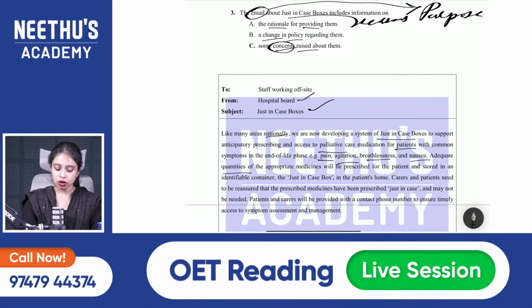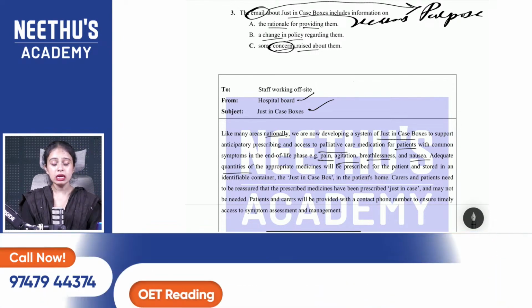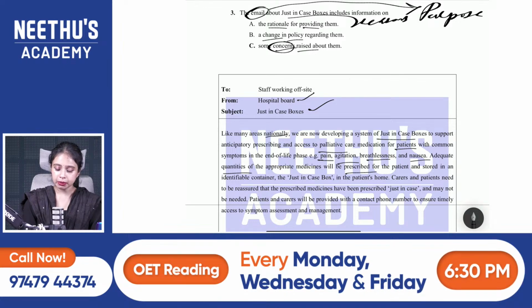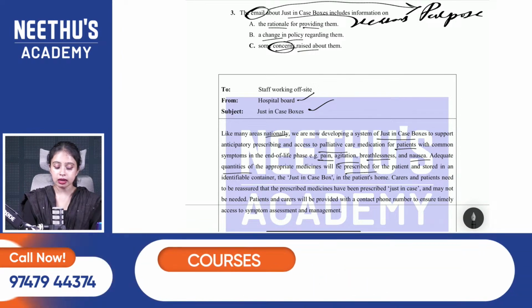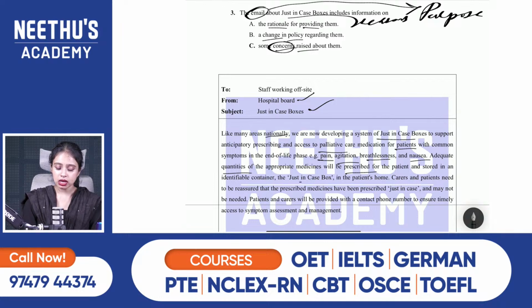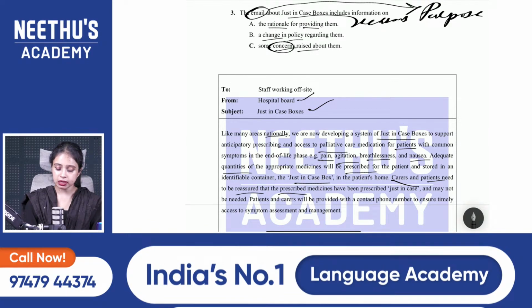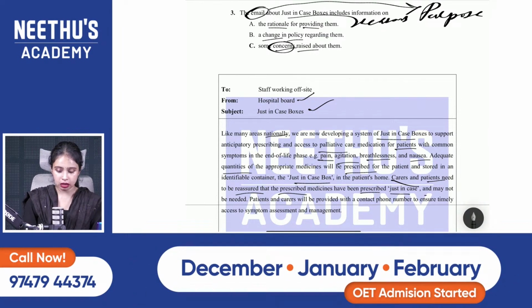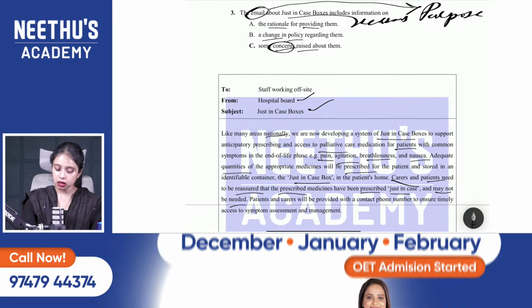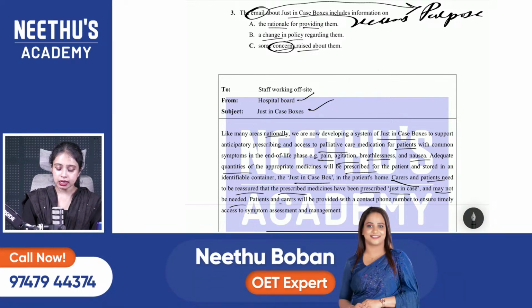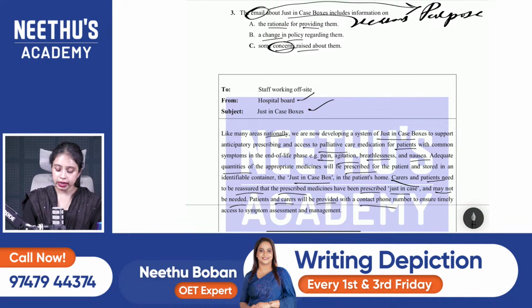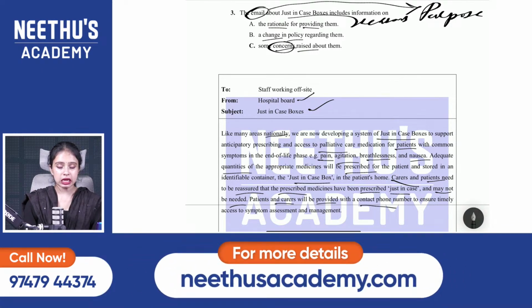Adequate quantities of appropriate medicines will be prescribed for the patient and stored in an identifiable container, the just in case box, in the patient's home. Carers and patients need to be reassured that the prescribed medicines have been prescribed just in case and may not be needed. Patients and carers will be provided with the contact phone number to ensure timely access to symptom assessment and management. So it's a very simple paragraph.